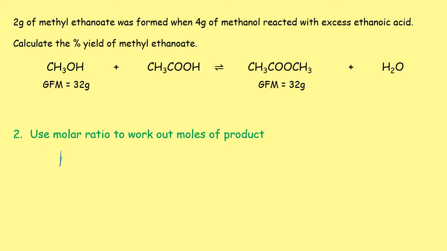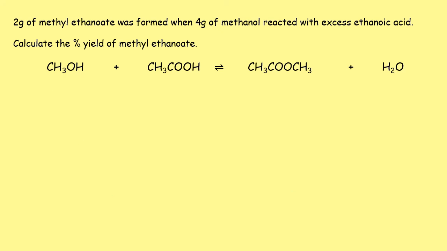So our ethanol here, that was a 1, that was a 1. And so this number of moles was 0.125, which means we've also got 0.125 moles of this. And it's usually a 1-to-1 for this, but it's not always going to be the case. So that's very straightforward. We can then move on to step 3, which is work out the mass of product.